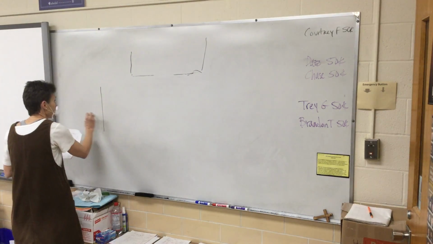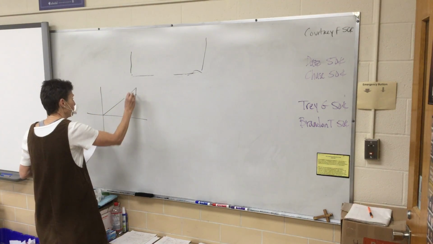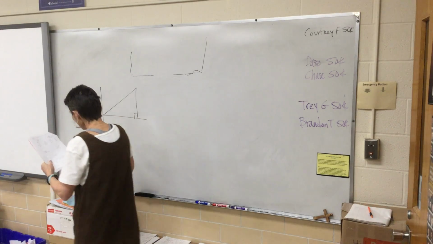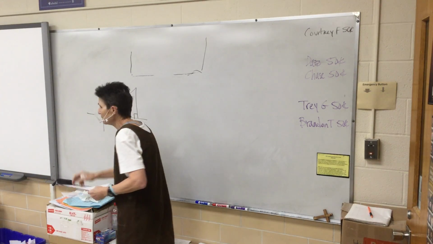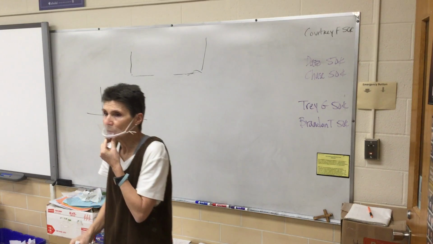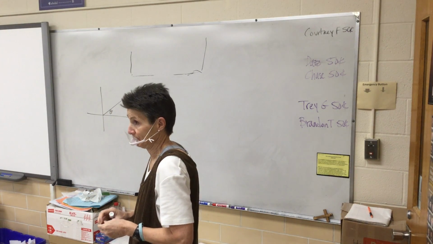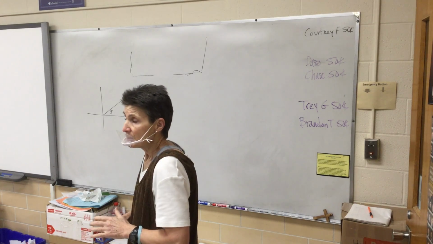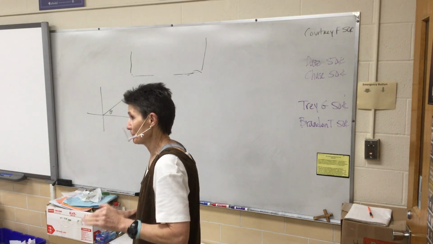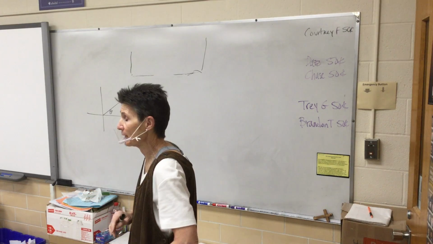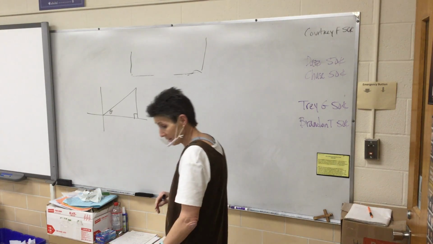It says we have a triangle in quadrant 1. That is our favorite quadrant to be in. Because what do I not need to worry about if I'm in quadrant 1? Negatives. Those negatives can be killers, guys. It's so easy to forget. But in quadrant 1, I don't need to worry about it.